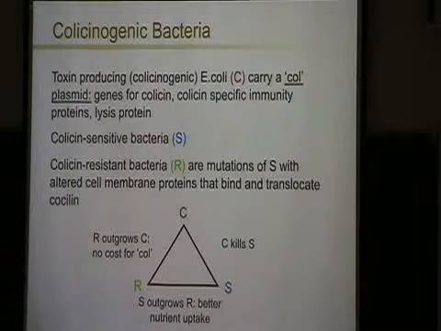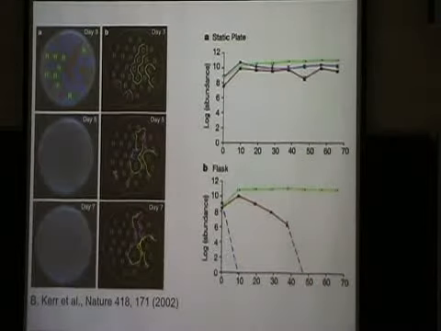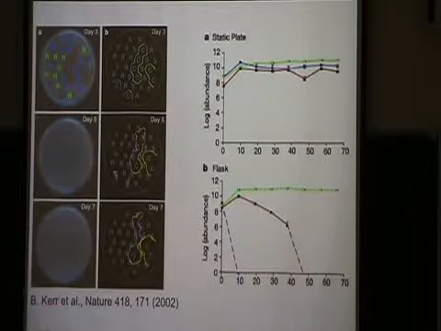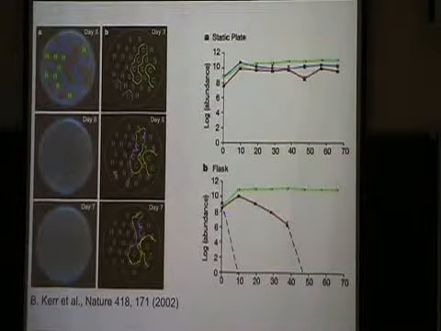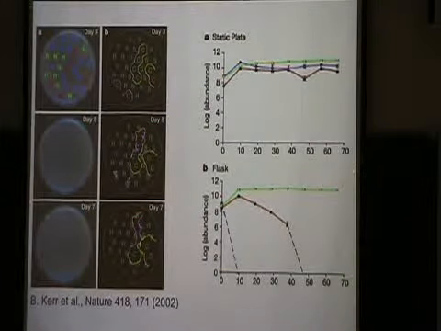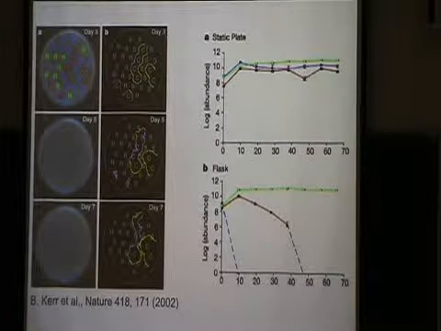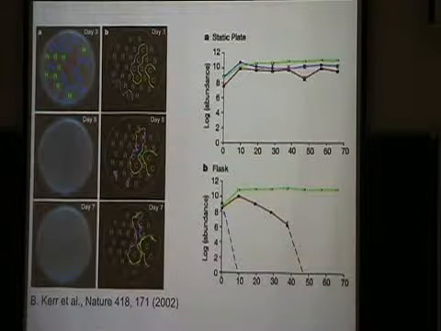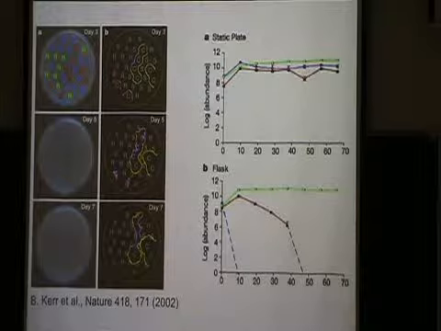So this is the situation. This is again the rock-scissors-paper game, and here are the data which were taken by Benjamin Kerr some time ago. He did the experiment in two different settings. One setting is shown here in the right corner. This is a flask, so it's just a container which is constantly stirred, and that means you are in a well-mixed environment where everyone sees everyone at the same time.